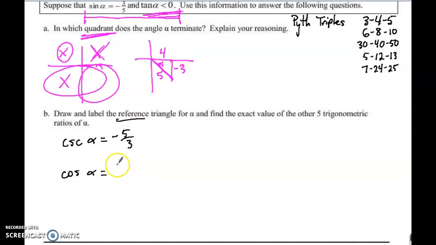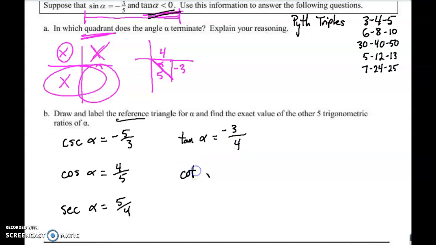Well, cosine in the fourth quadrant is positive, adjacent over hypotenuse, which means the secant will be the reciprocal of that. And then tangent in the fourth quadrant is negative, just like it says it would be. Opposite is -3, adjacent is 4, and then cotangent of alpha would be the reciprocal of that, -4/3.